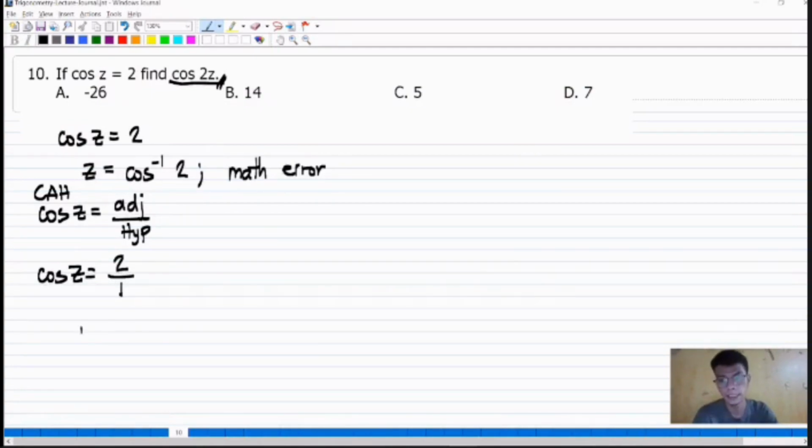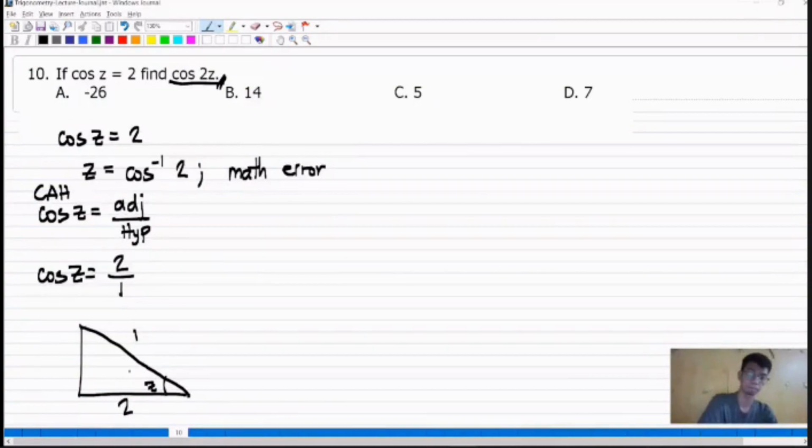Kaya nagma-math error yan dahil hindi yan totoo na yung cosine z is equal to 2, kasi sa right triangle, yung hypotenuse palagi ang pinakamahaba. Pero sundin muna natin yung problem natin.